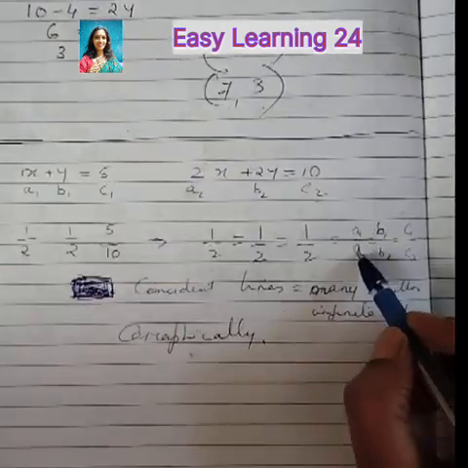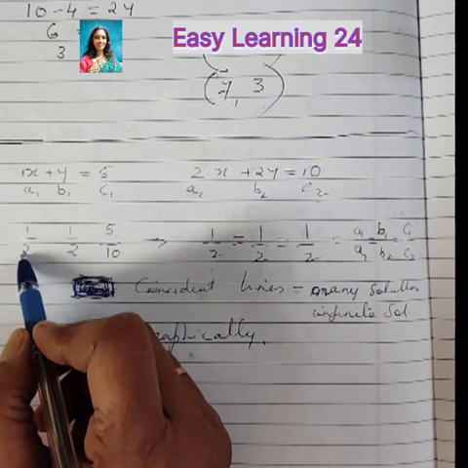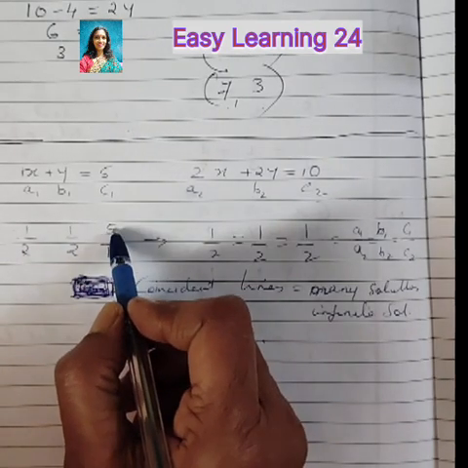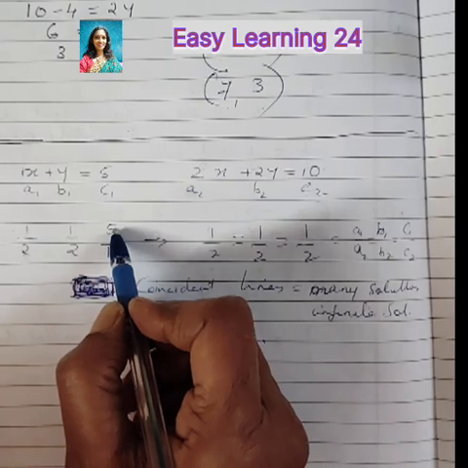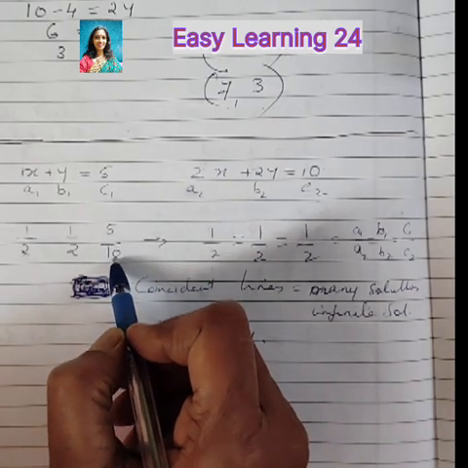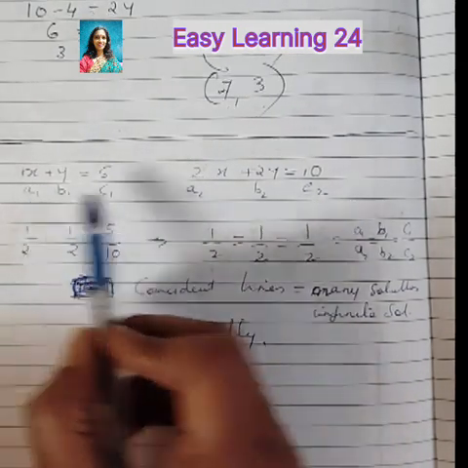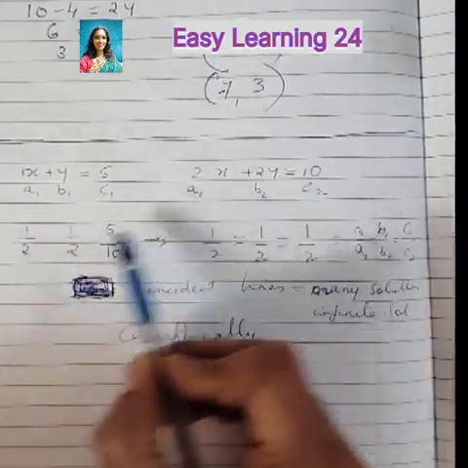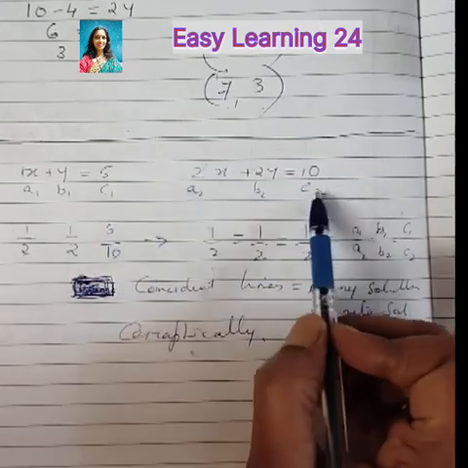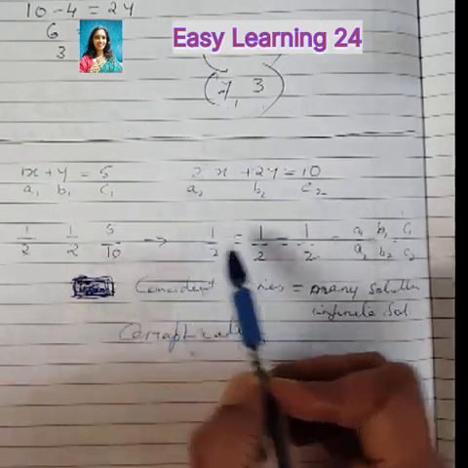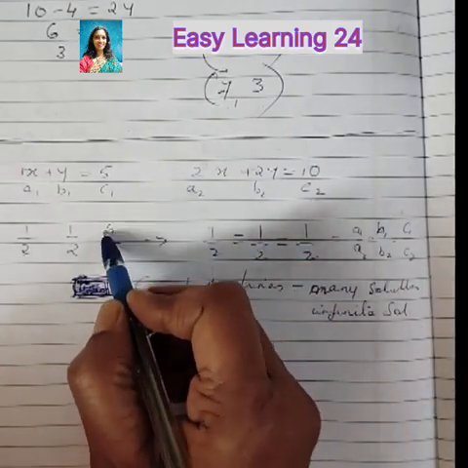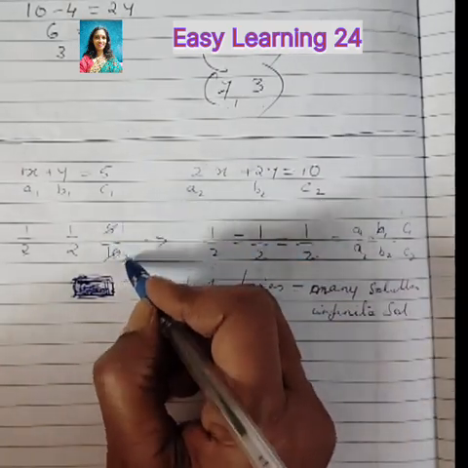So a1 upon a2 is 1 upon 2, b1 upon b2 is 1 upon 2, and c1 upon c2 is 5 upon 10. Got it? So 1 upon 2 is equal to 1 upon 2, and 5 ones are 5, 5 twos are 10.